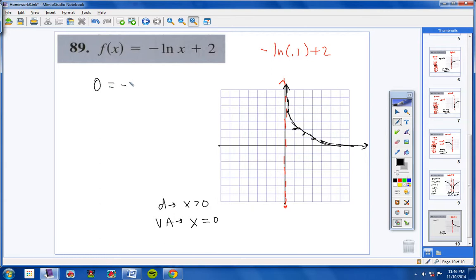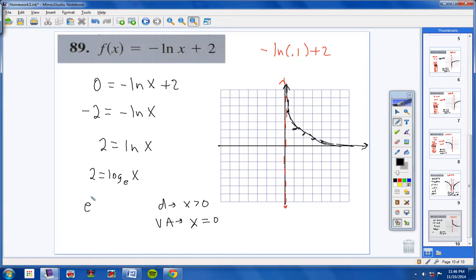0 equals a negative natural log of x plus 2. Bring the 2 over, make it a negative 2. Go ahead and divide both sides by negative 1 to get rid of these negative signs. So 2 equals natural log of x. And then don't forget, guys, the natural log of x really means log base e of x. So go ahead and write this exponentially.